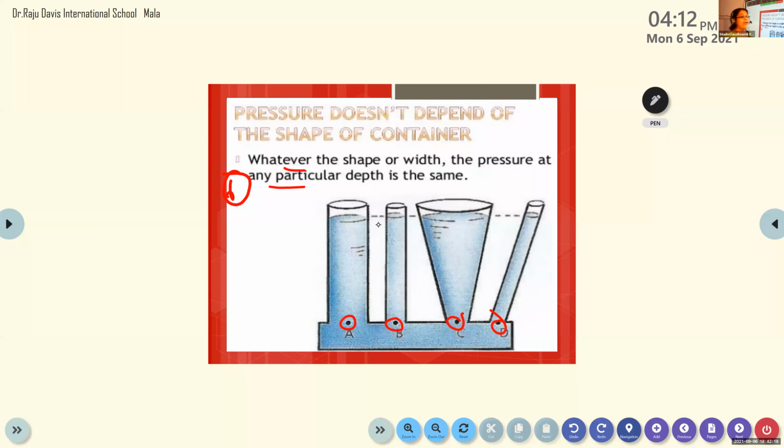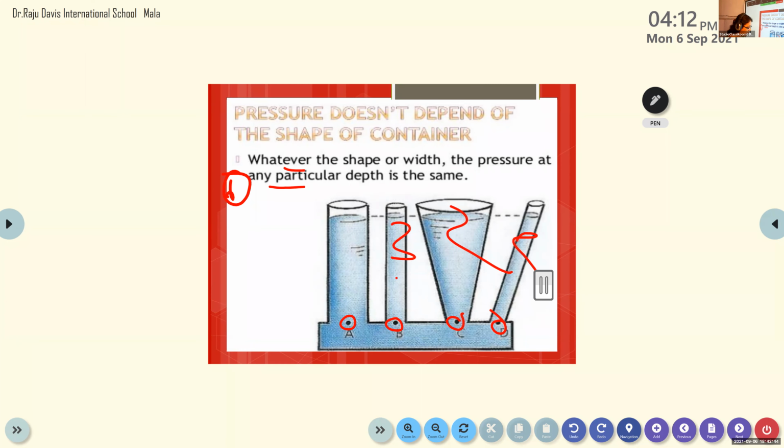So if you look at the condition of the water, you see an empty tank. You are filling the tank with water. Naturally, where will that water remain? Till the tank is full. Now just think all these three did not have water at all, only this one has water.